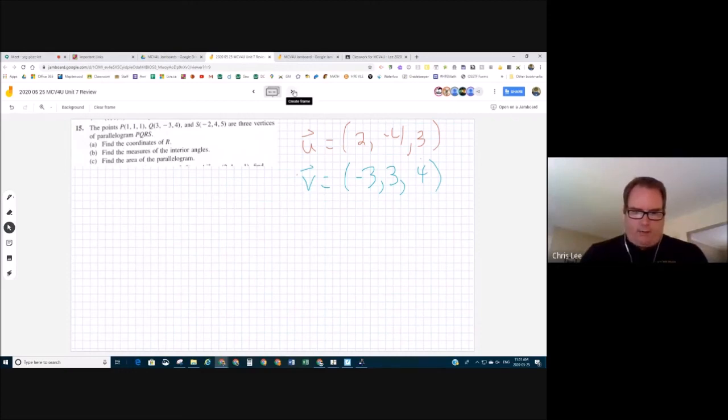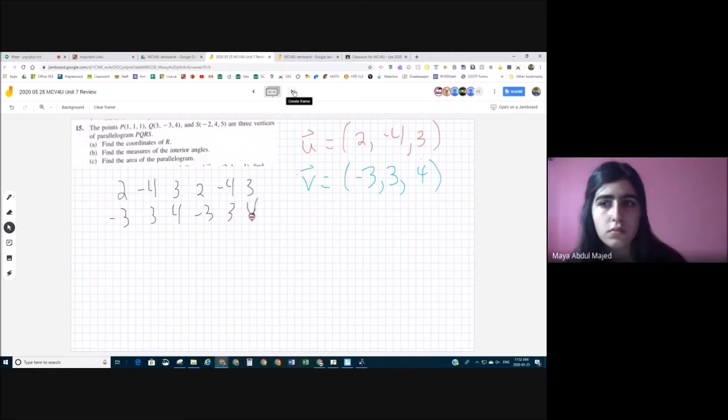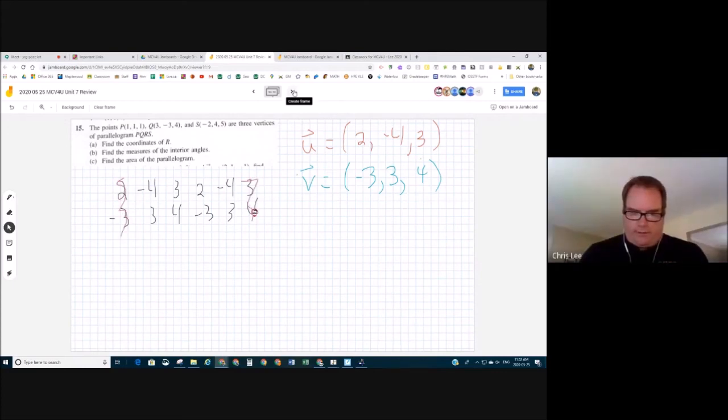So I'm going to actually now do the cross product, really quickly. So 2, -4, 3, and then write it down again, 2, -4, 3. The V is -3, 3, 4, and -3, 3, 4. Cross out the first one, cross out the second one.